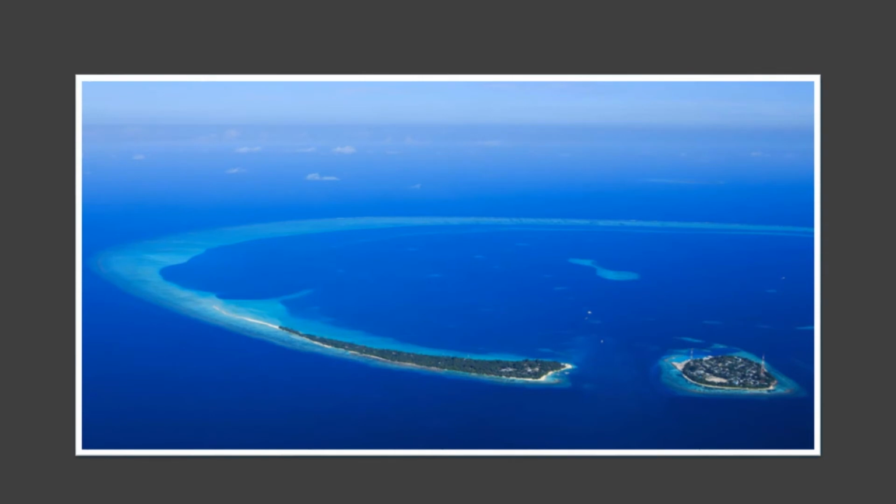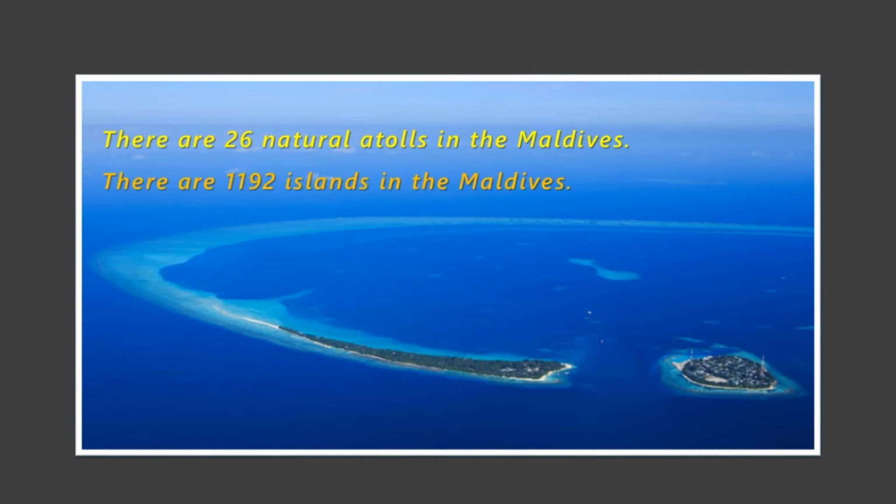Here's an example. During the first task of this lesson, we came across a question that asked us about the number of natural atolls in the Maldives, right? So here's the answer. There are 26 natural atolls in the Maldives. Another fact, there are 1,192 islands in the Maldives.